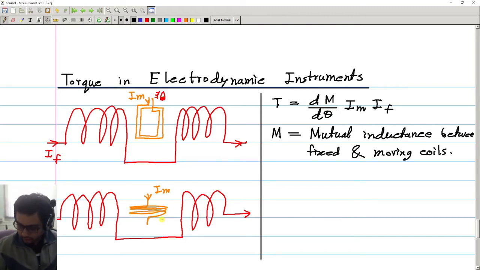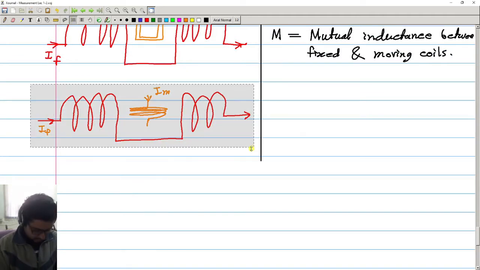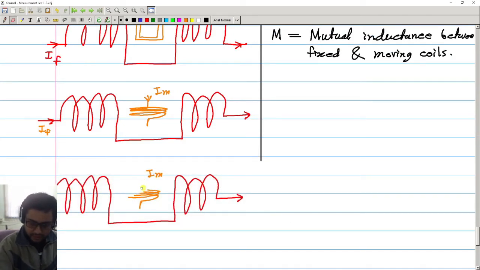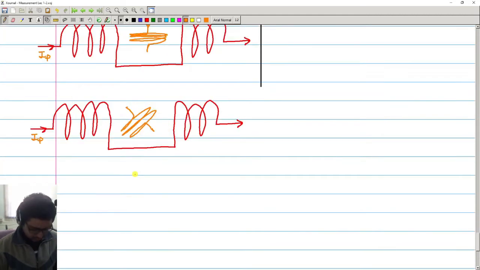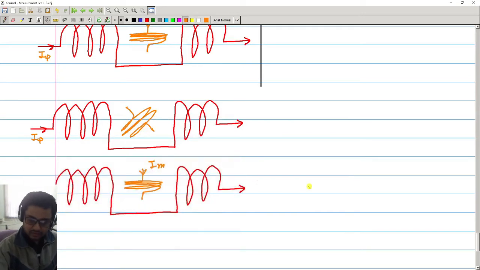Okay, this moving coil can stay in different angular positions, maybe like this also, or completely perpendicular.